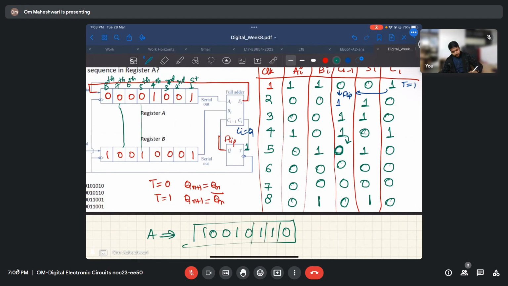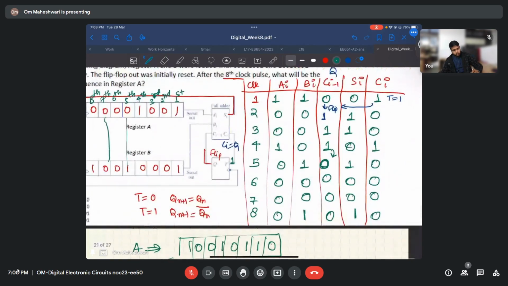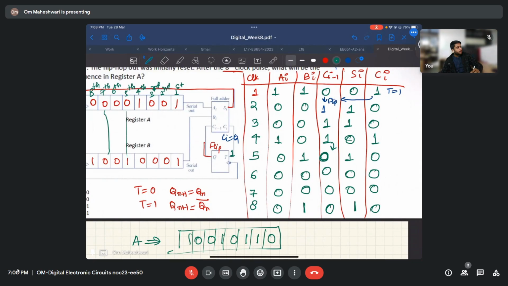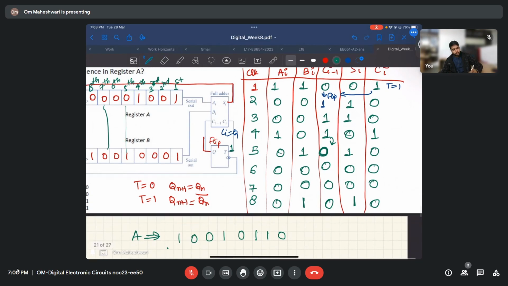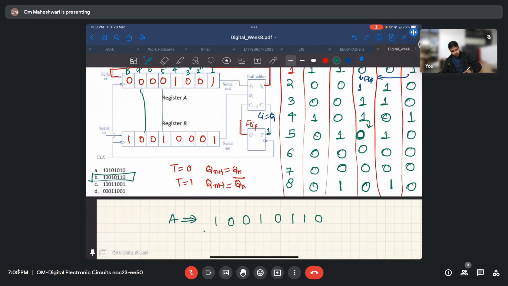These will be the new values in A. Written the same thing clearly now: 0, 1, 1, 0, 1, 0, 0, 1. This is what matches, right?